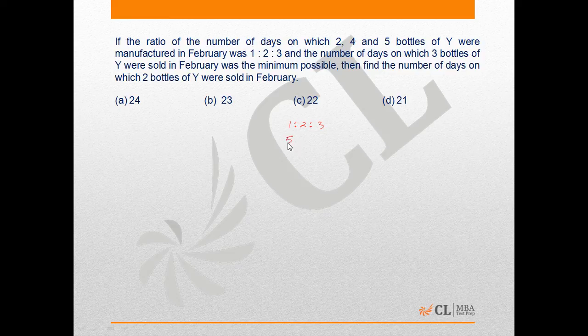So that means 5, 10 and 15 days respectively for 2 bottles, 4 bottles and 5 bottles. So the total bottles which were manufactured will be 125.